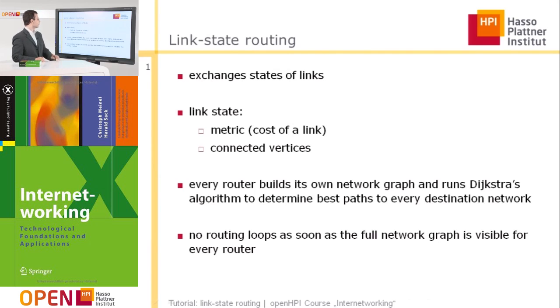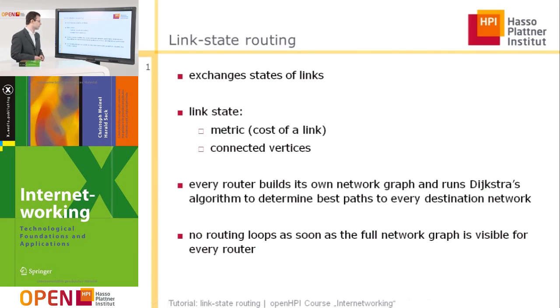Different from distance vector routing, routers running link state routing algorithms exchange states of the links in the network. Link state includes, of course, a metric, the cost of the link, and also information about the vertices that this link connects to each other.